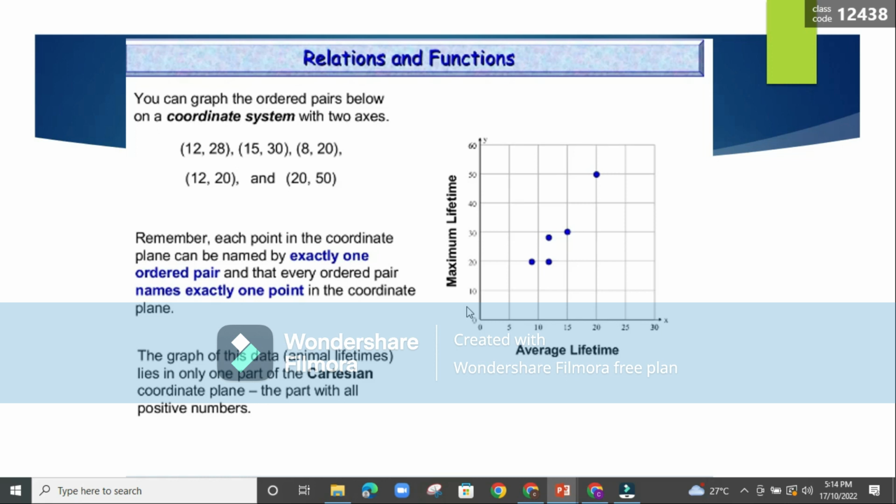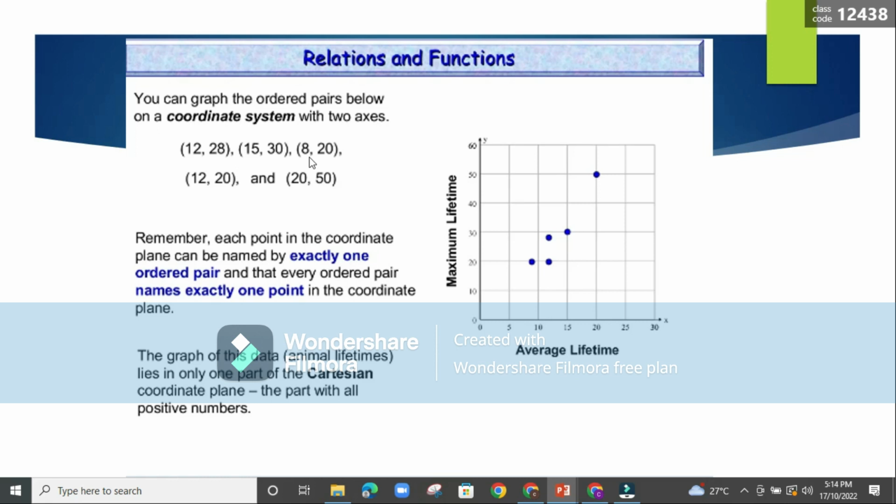So in this case, let's say 12, 28 for instance. 12, 28 means our x is 12. Let's start with the smallest x coordinate, which is 8. What is the corresponding y coordinate of 8?